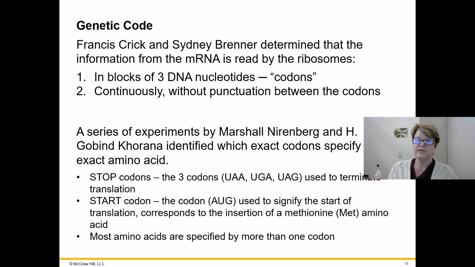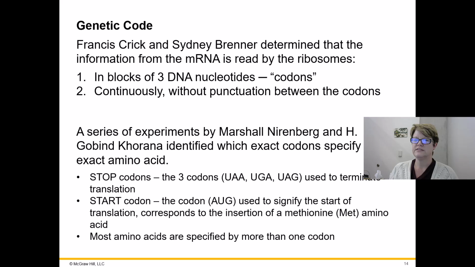What they figured out was that in the DNA and in the mRNA, there are groups of 3 nucleotides, one right after the other, and these are called codons. Each group of 3 nucleotides corresponds to a particular amino acid type.